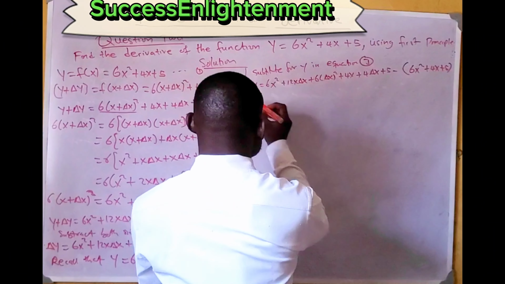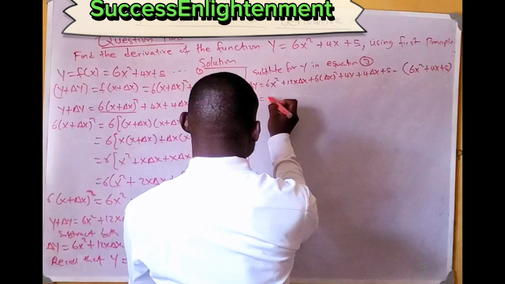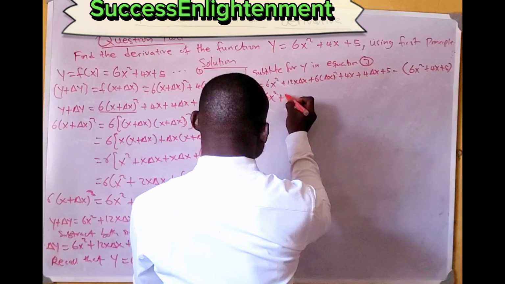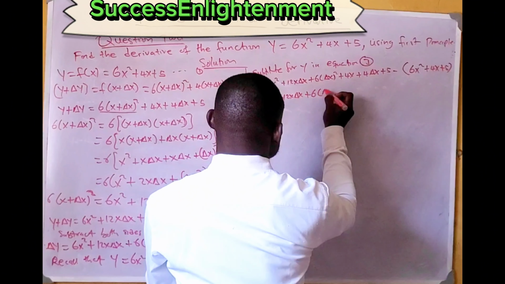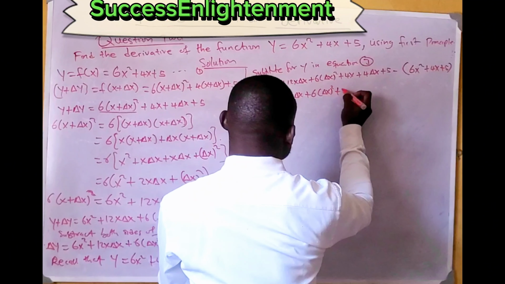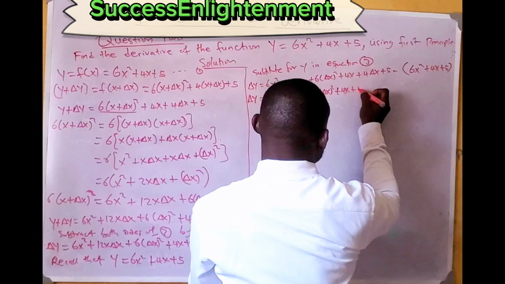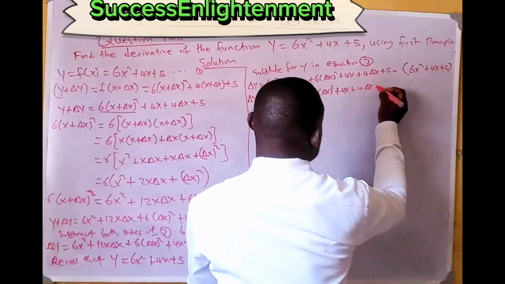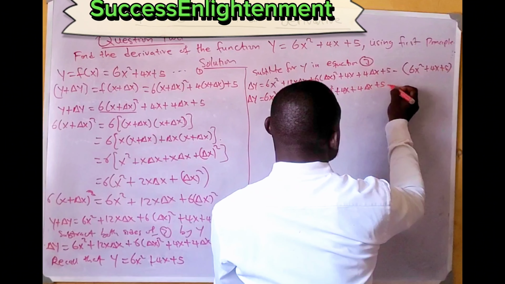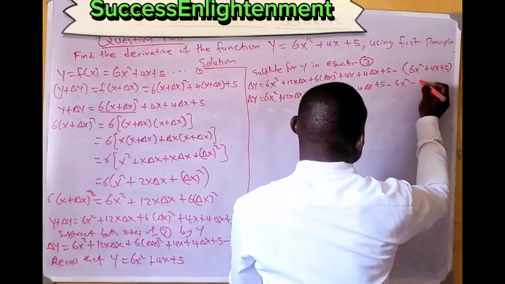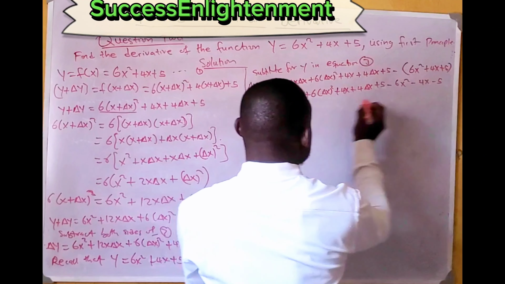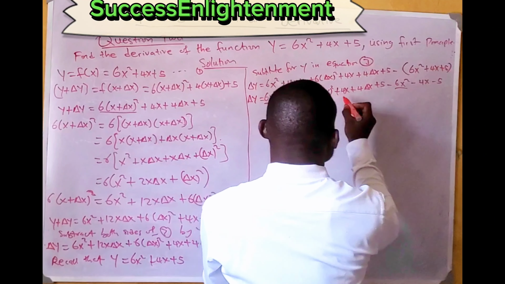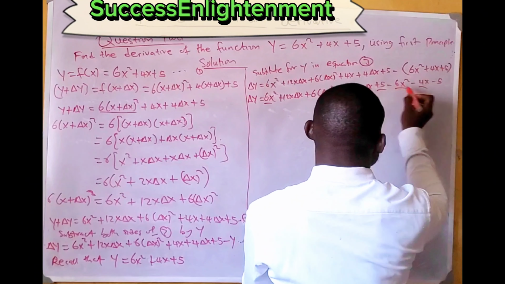So we open that bracket. Then our change in y equals 6x squared plus 12x change in x plus 6 into change in x squared plus 4x plus 4 change in x plus 5 minus 6x squared minus 4x minus 5. So this we take out, this we take out, and this we take out.